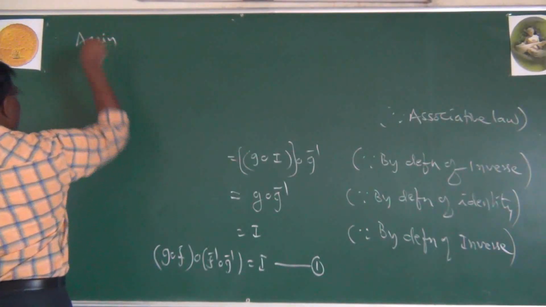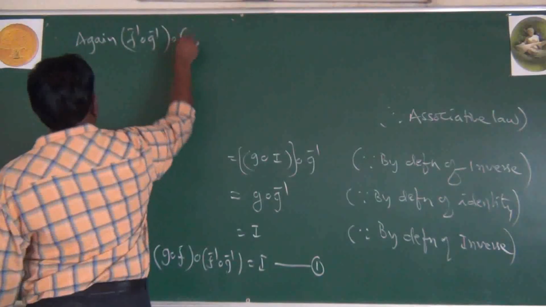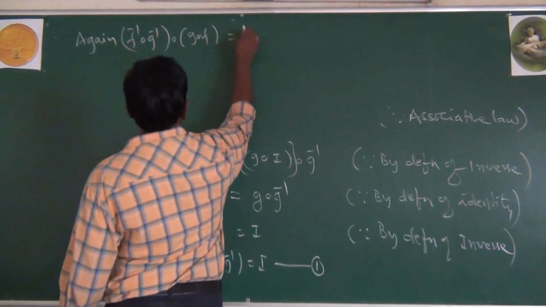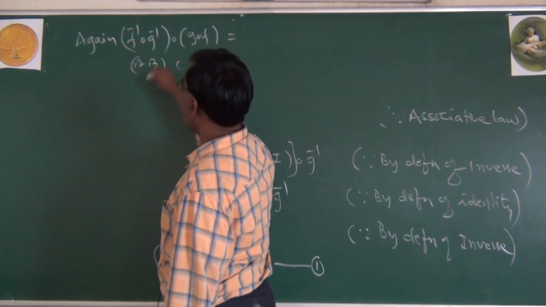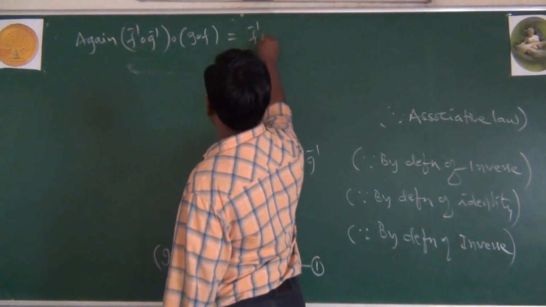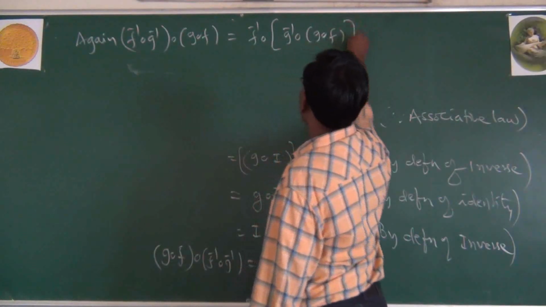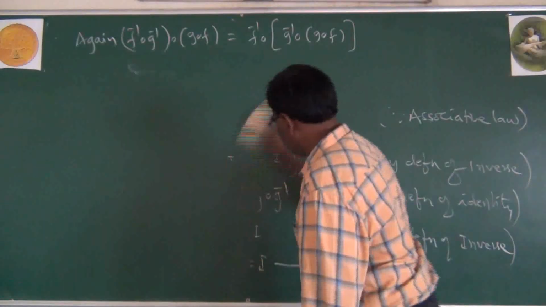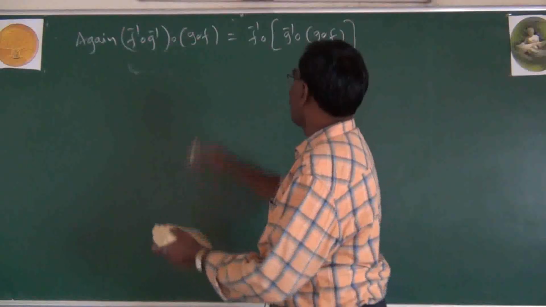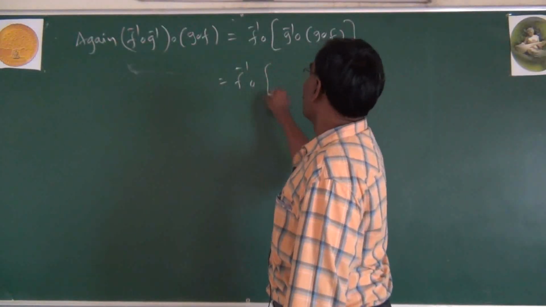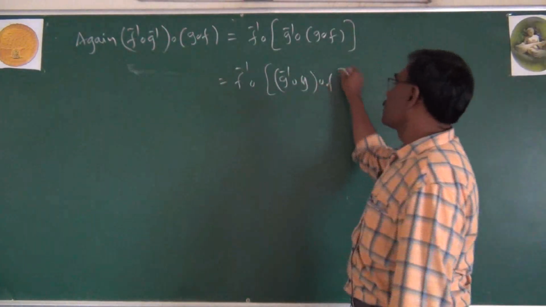Again, f inverse composition g inverse composition g composition f. This is (AB) into C, so we write A into (BC). Same as before, using associativity: f inverse of (g inverse composition g) composition f.